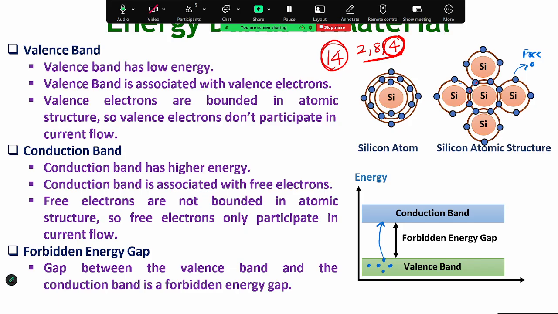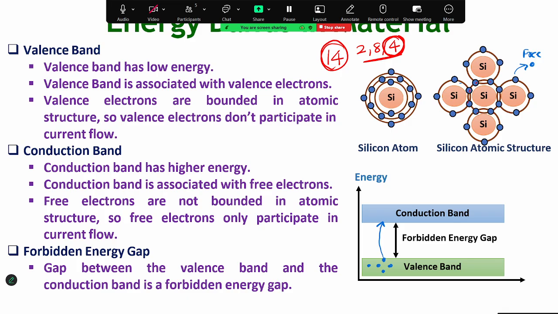Like that, it talks to each and every silicon atom, and the remaining atoms accept and take part in covalent bonding, sharing electrons. It makes a stable configuration, and like that it makes a crystal, which we call a silicon crystal.